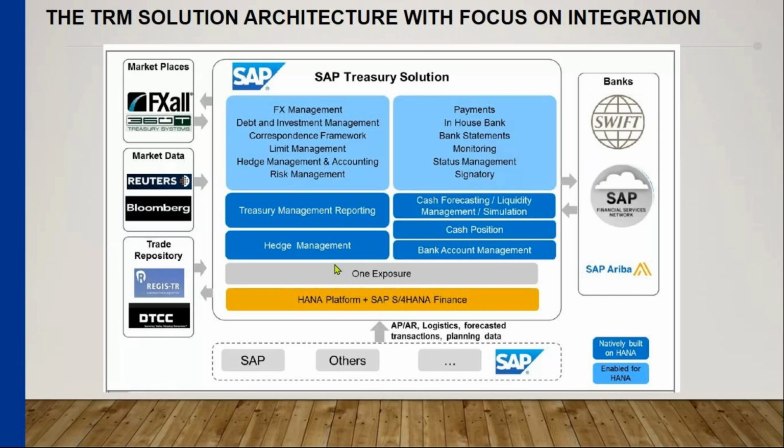Now, how will these rates come into the system? There is a solution given by Reuters and Bloomberg. Normally you find 90% of people go with the Bloomberg solution. In many countries, especially countries like Vietnam, Bloomberg is not functioning. There, Thomson Reuters is working.